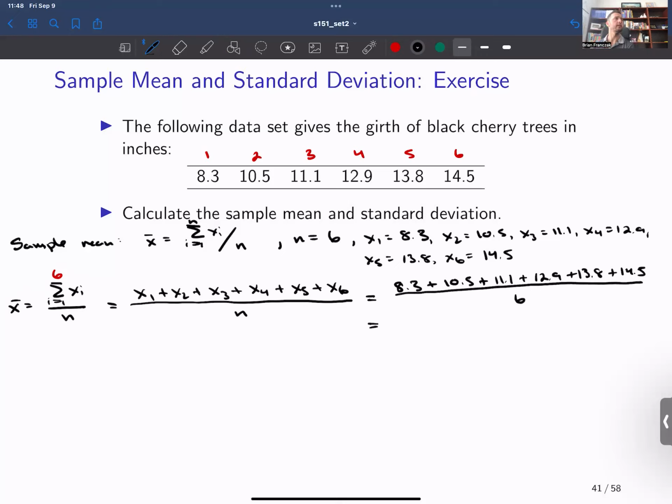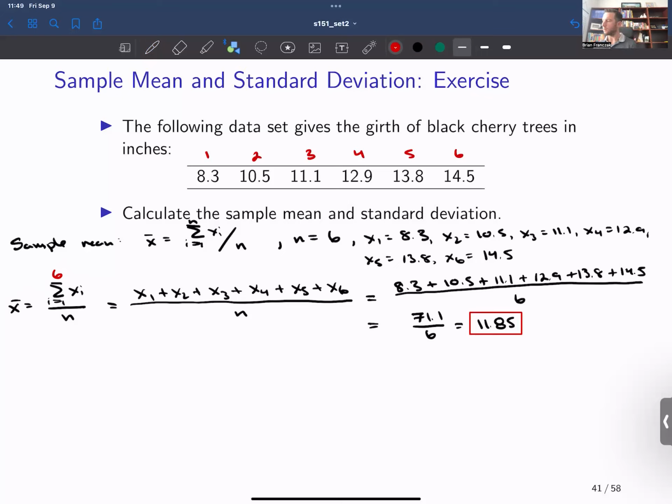That will give us a total of 71.1 divided by 6, which is equal to 11.85. And that's our sample mean.